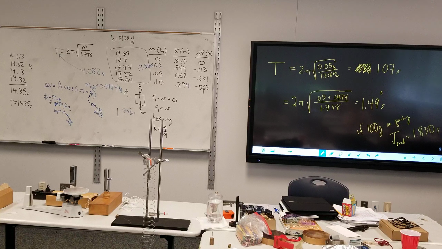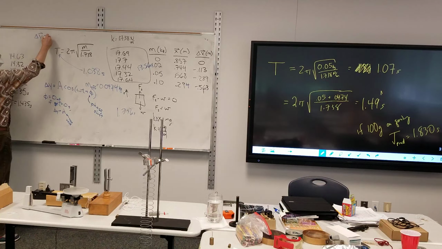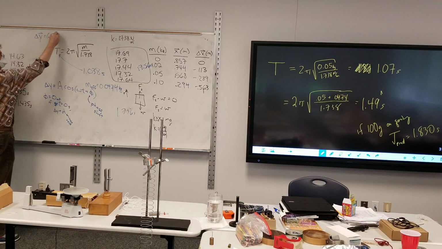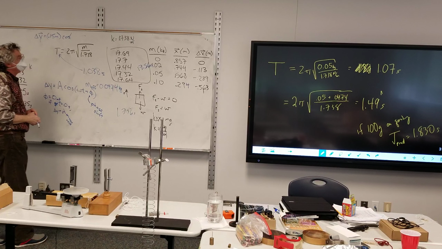So if I took this spring and I pushed it up, say 15 centimeters and let go, my displacement is going to be equal to 0.15 meters times the cosine of omega t.